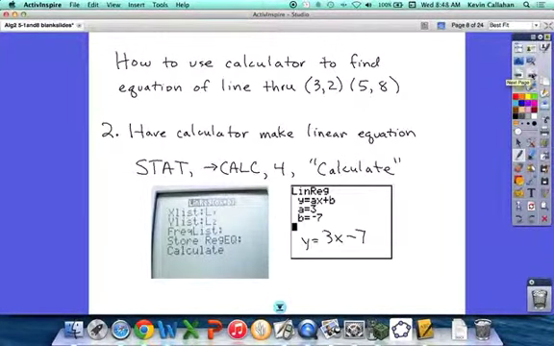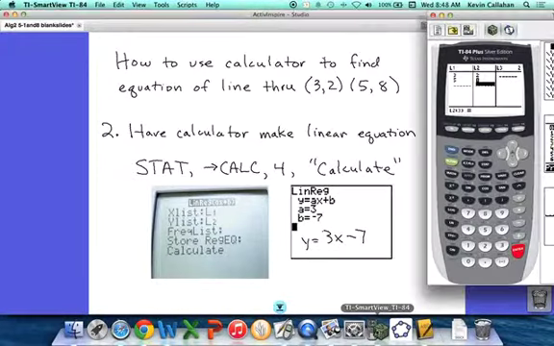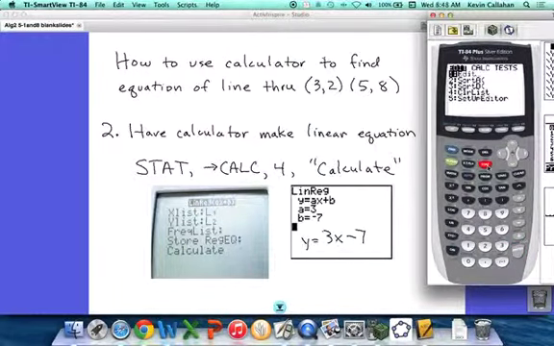Second step. Okay, now you go stat calc. Remember when you hit the stat button, the middle column said calc. So arrow over to calc. And now when you look at that menu there, the fourth option says LINREG, which stands for linear regression.